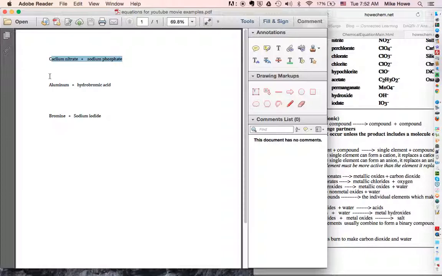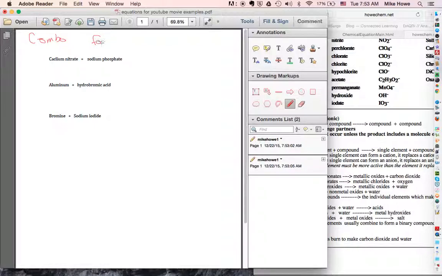So you're going to write a formula for calcium nitrate. Basically there are 3 steps in writing these equations. I'll put the 3 steps right here across the top. The first step is to get the combinations down. The second step is to write correct formulas.